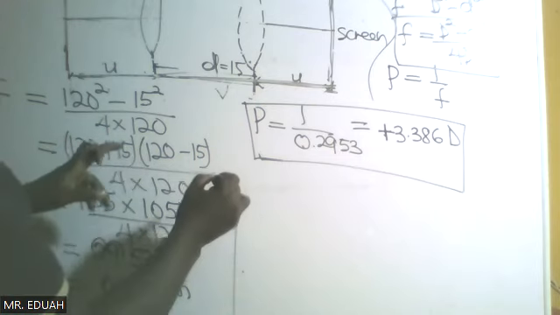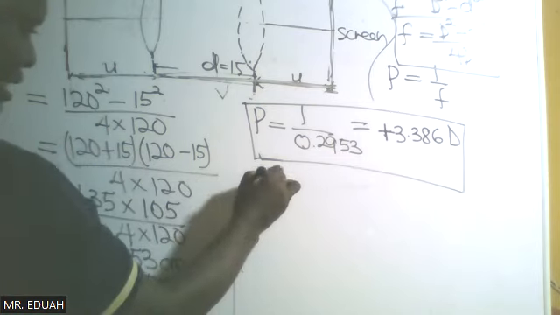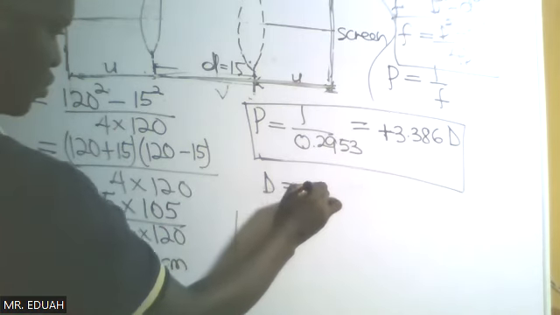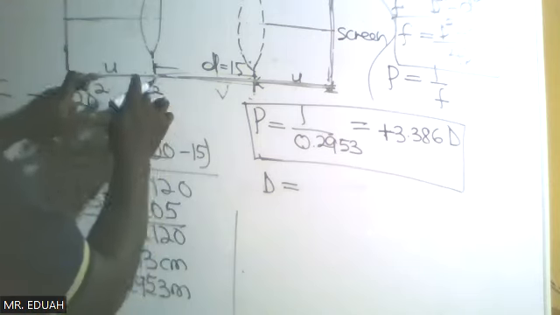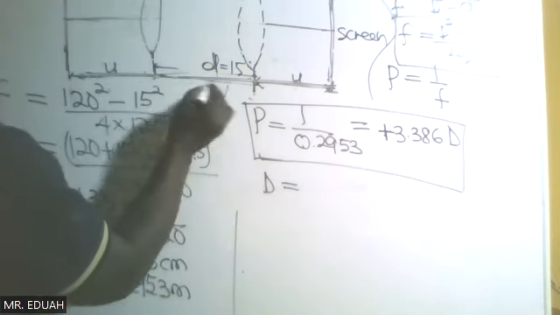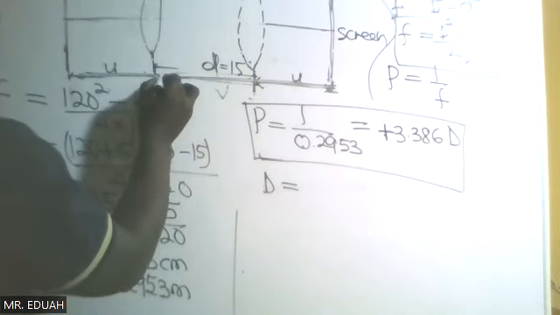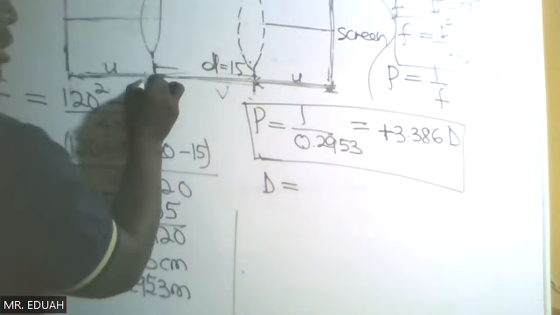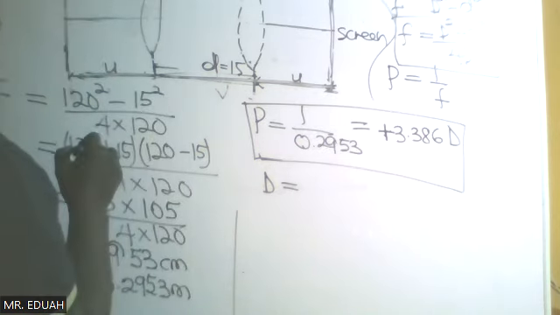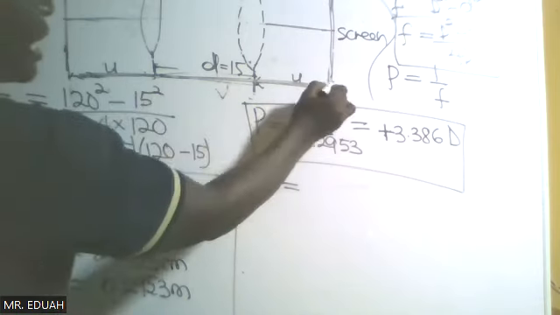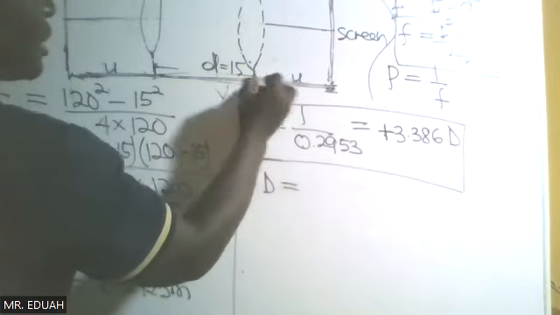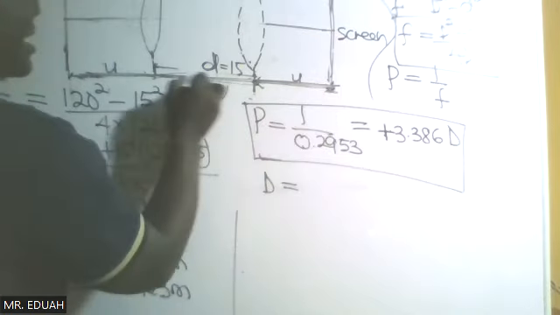We earlier established that D is equal to, if this is U, then from this side is also U, and this is small d.